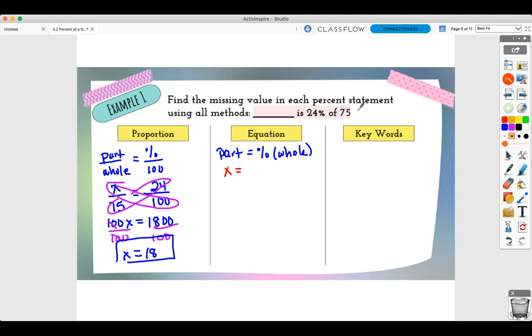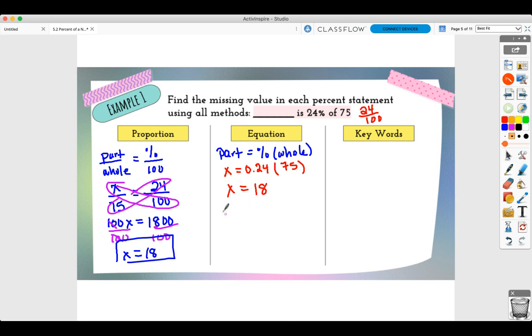My preferred method is taking that 24% and making it a decimal, but you're more than welcome to use 24 over 100. I may change that percent to a decimal. And now you're multiplying this by the whole, which is 75. And you can go straight into your calculator and do 75 times 0.24. That'll give you your 18.